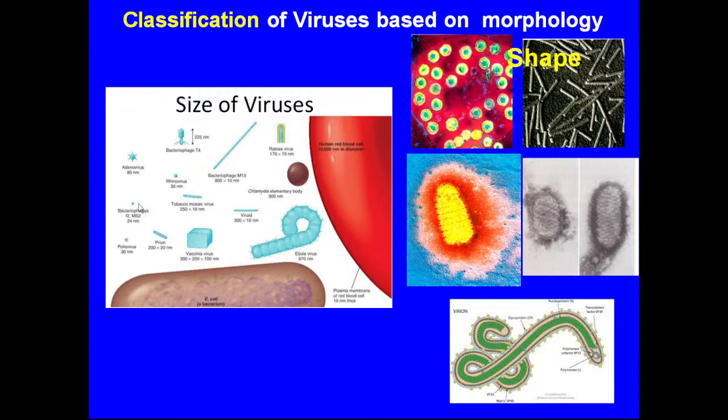You can see the smallest make around 24 nanometers, like bacteriophages, which are viruses that infect bacteria, or poliovirus, a human or animal virus, which makes 30 nanometers. The largest virus is vaccinia virus, which makes around 300 nanometers. And we have the Ebola virus, which is very thin.